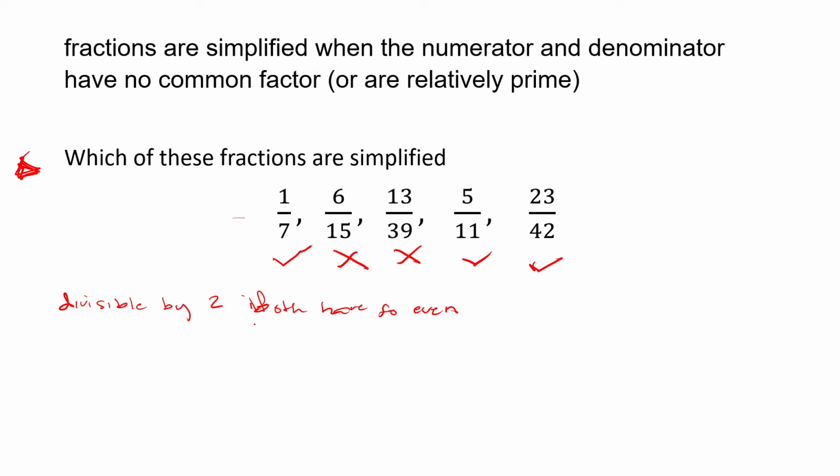That's the fastest way to think about it. They're both even, so they are divisible by 2. That means they have a common factor of 2, if you didn't know. Anyway, there are other ways to find other divisibility facts, but you can search it up on the internet, or I can upload it on my website and on Google Classroom, so you don't really need to worry about that. But you can use that as a cheat sheet to automatically think, oh, is this simplified or is this not simplified when thinking about fractions?